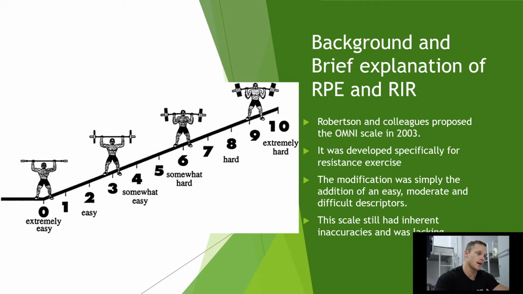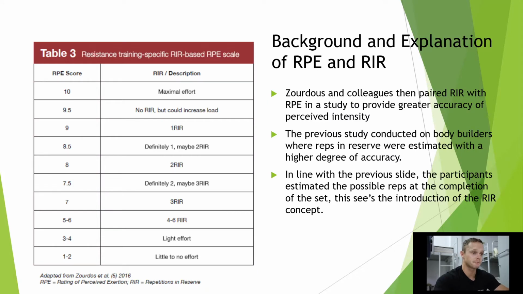Okay, this was still lacking some inherent inaccuracies, and it wasn't that good at this stage because there wasn't a whole lot of research behind it, and no one had really figured out how to use it just yet. So as you can see, going from '82 to 2003, it took just over 30 years to really get some traction and get moving forward.